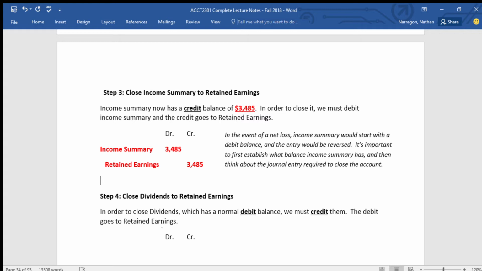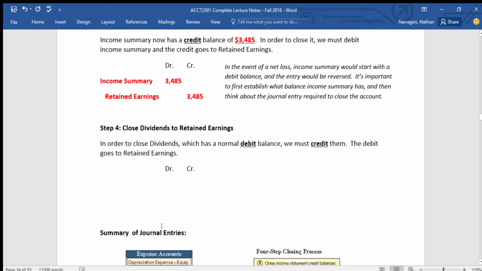It only increases by credits. And then we subtract out dividends, which this is now the journal entry to subtract out dividends to end up with our ending retained earnings.